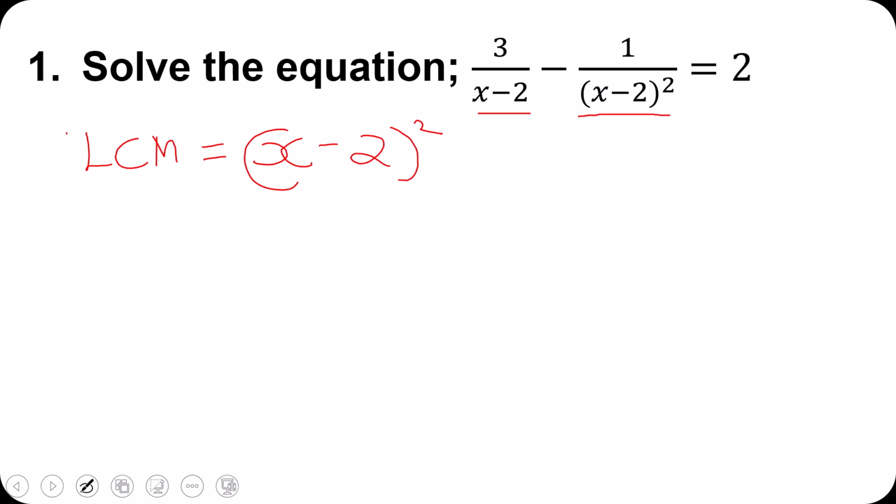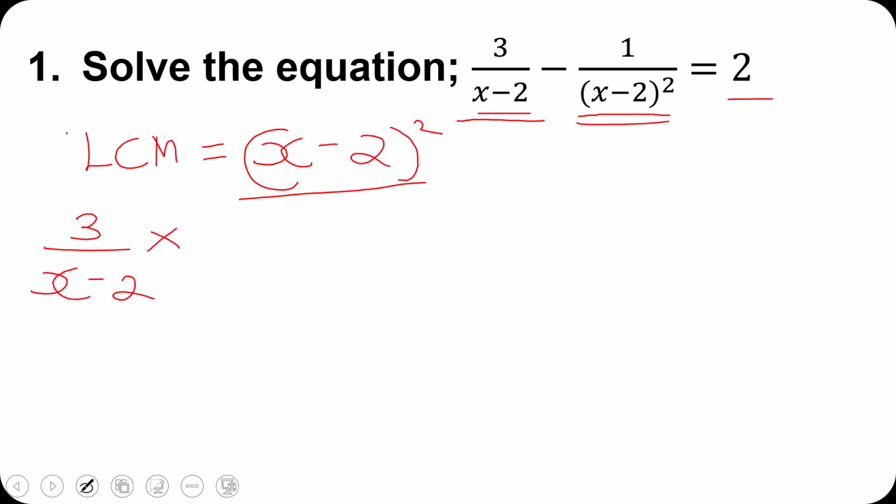So if you want to add two fractions or subtract them, the most important thing you need is the LCM. And what we are going to do is multiply this LCM in this fraction here, in this fraction here, and also multiply it in 2. So here we're going to have 3 out of x minus 2.